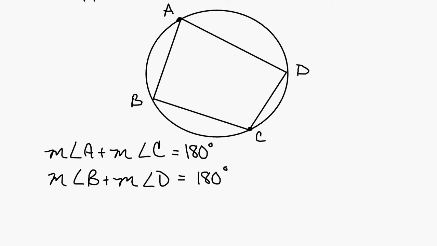Opposite angles, quadrilateral inscribed in a circle, opposite angles are supplementary. Everybody see that? Understand it?